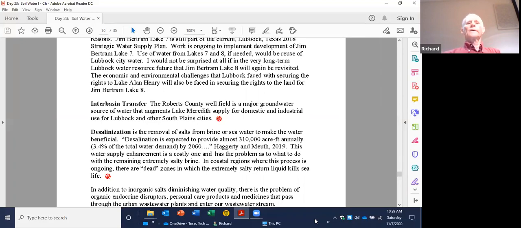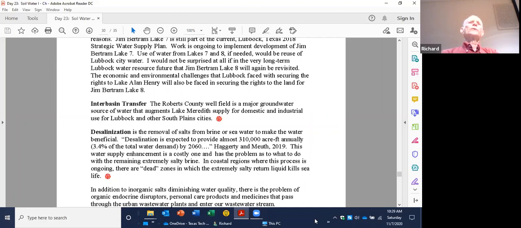Twice the CRMWA, Canadian River Municipal Water Authority, lowered the intake so that they could get water from Lake Meredith. Now, Roberts County was owned by the late T. Boone Pickens, who owned the water rights to Roberts County. T. Boone Pickens made his money on oil, but he did corner the water market in Roberts County.